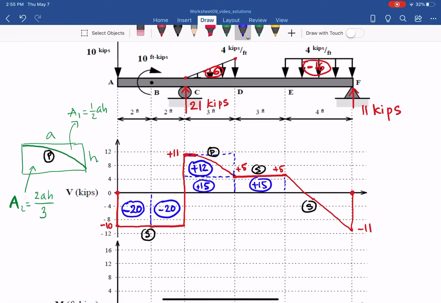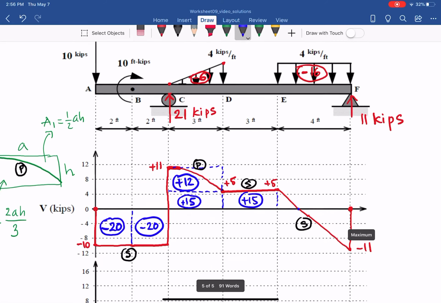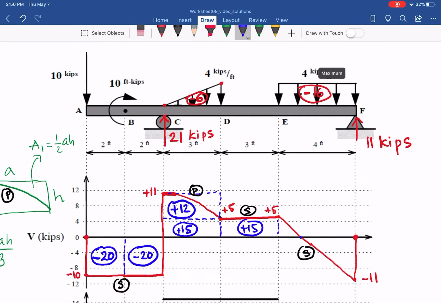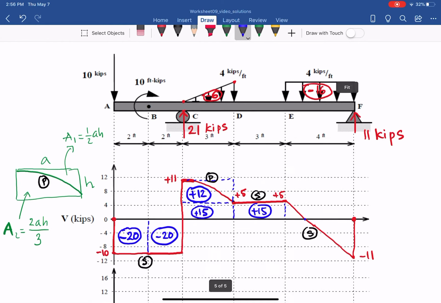Now another tricky part: where is the location to find the triangle, because we need to find the triangle, the positive and the negative. There are separate ways, but I will make an easy way for you here. The slope of the shear curve equals the magnitude of the load. So the magnitude of the load is 4 kips per foot.